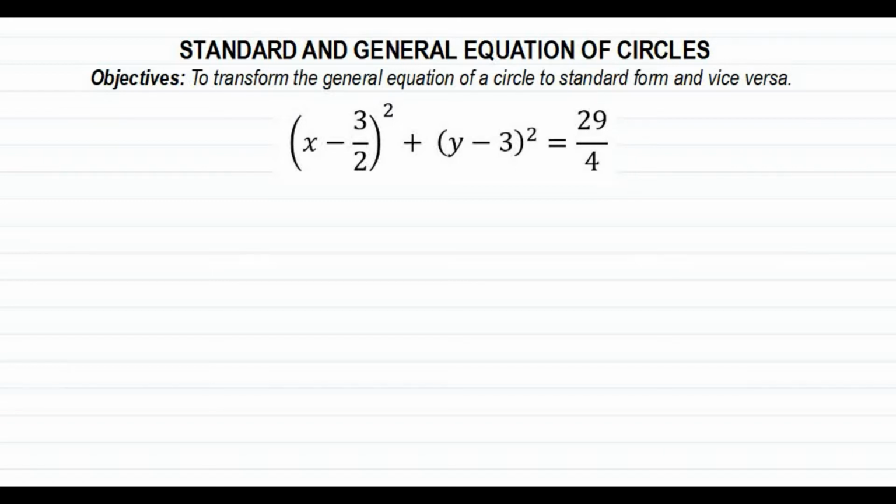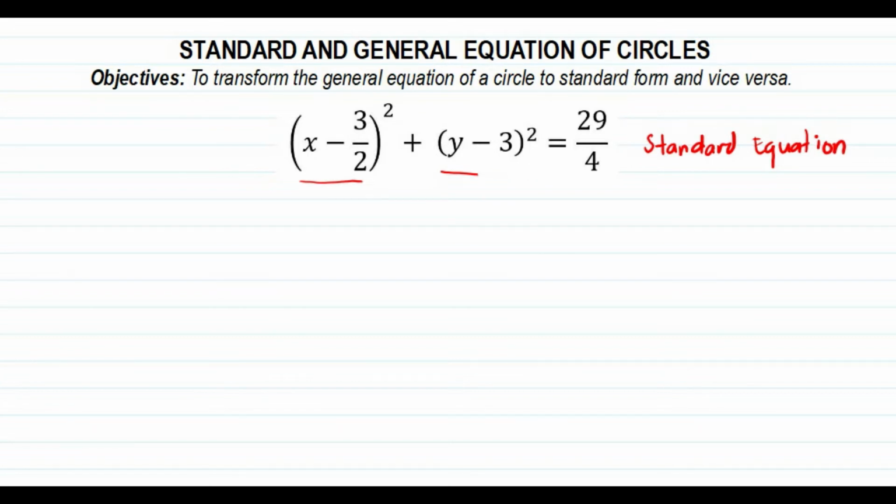We need to transform this standard equation into a general equation. How do we do this? By simply expanding the two binomials and equate them to 0 and arrange the variables and constant according to degree.